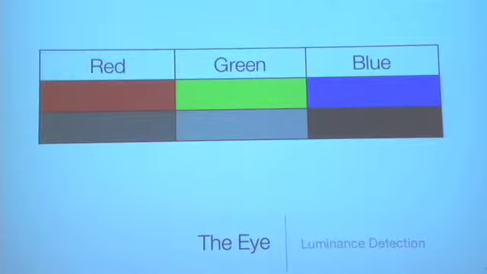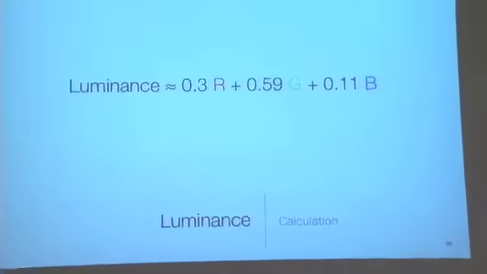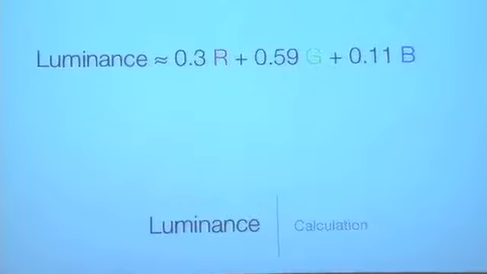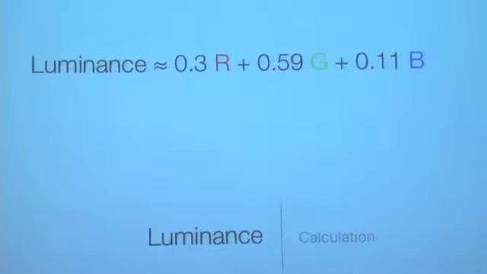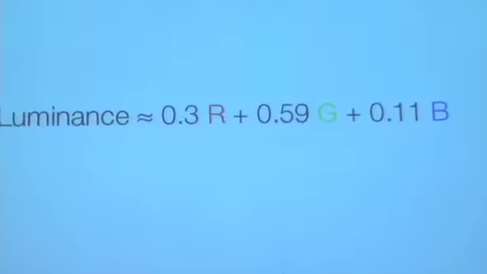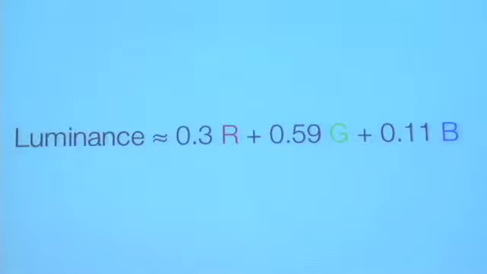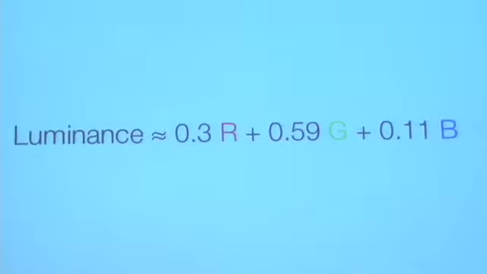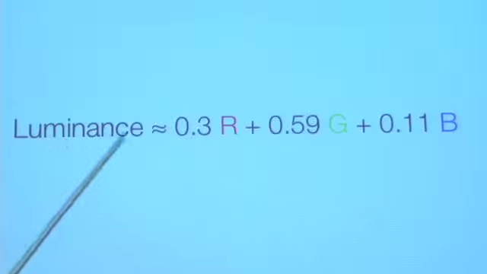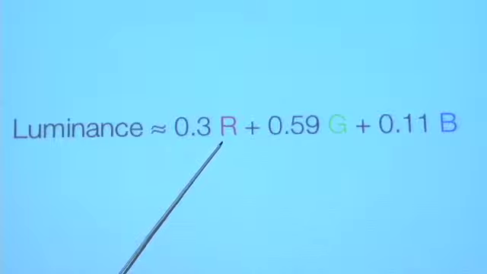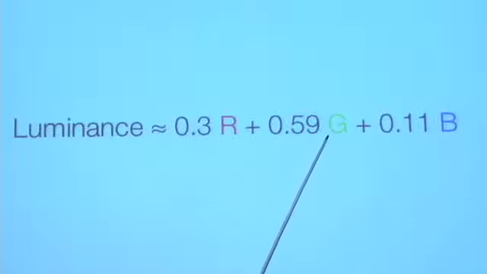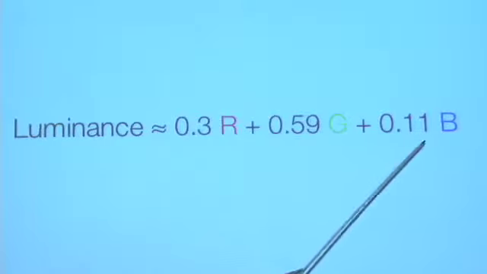And we can actually quantify this into an equation. In fact, that is what we do when we're talking about luminance. Yes, it's funny because there are more equations here, but this is important to us when we are calculating a luminance histogram. A luminance value is made up of about 30% red, about 60% green, and about 10% blue.